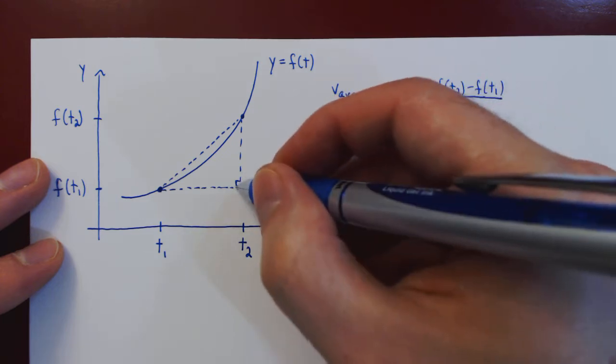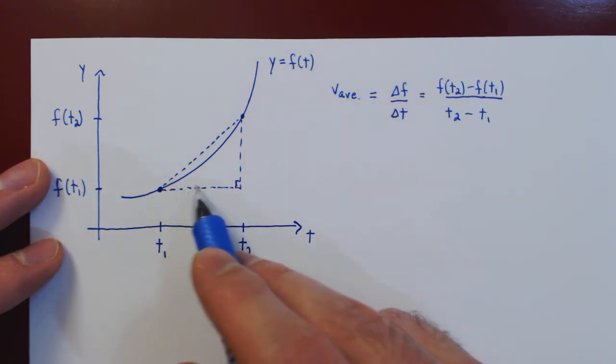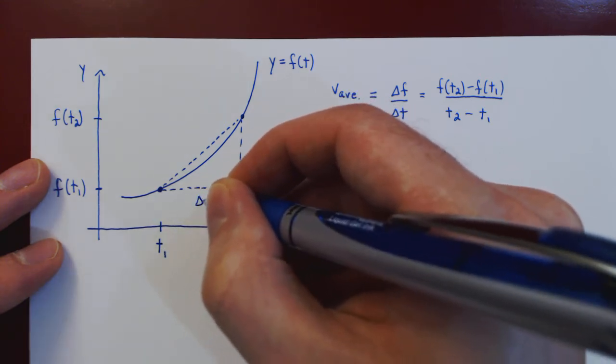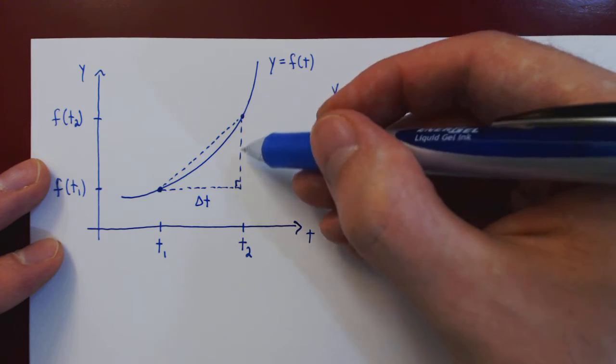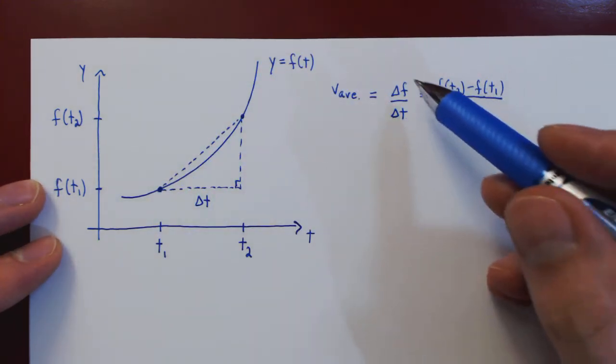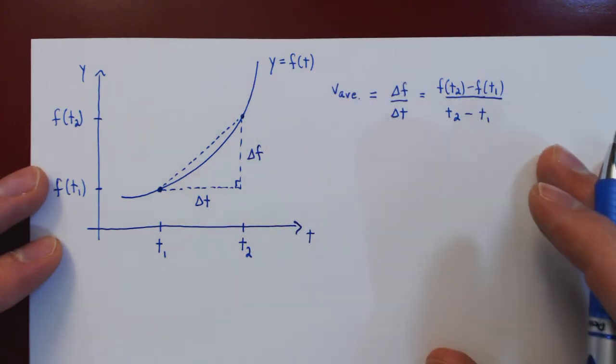And if you notice, the base of the triangle, the length is t2 minus t1, delta t. And the height of the triangle is f of t2 minus f of t1, which is delta f, the change in the position of the object.